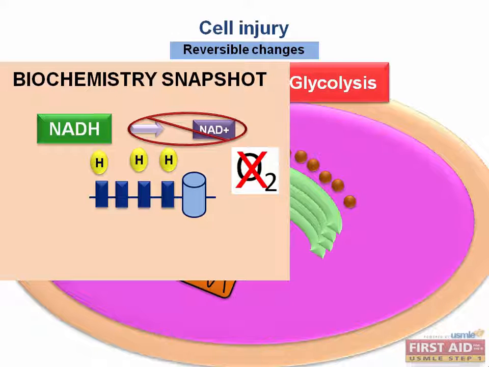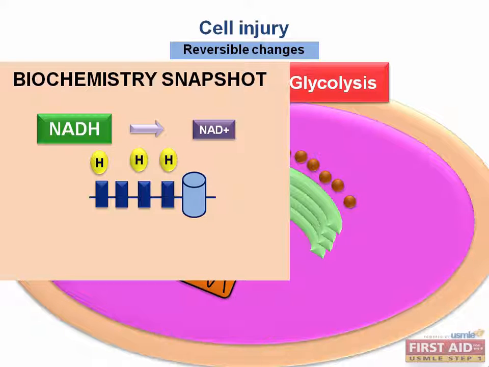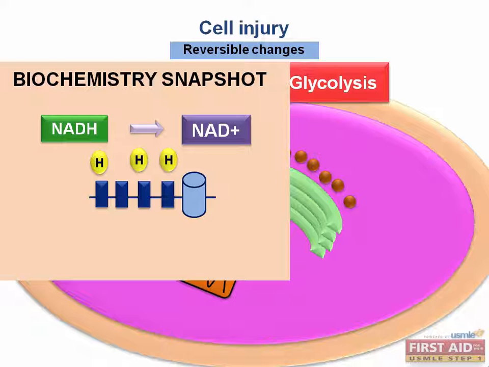Now the problem with this is that NAD+ is actually required for glycolysis, some of those dehydrogenase reactions, and we need that to make our measly 2 ATP. Shoot. So we need to regenerate NAD+. Even though it's not very helpful, it's all we've got to make ATP. How is the cell going to do that?